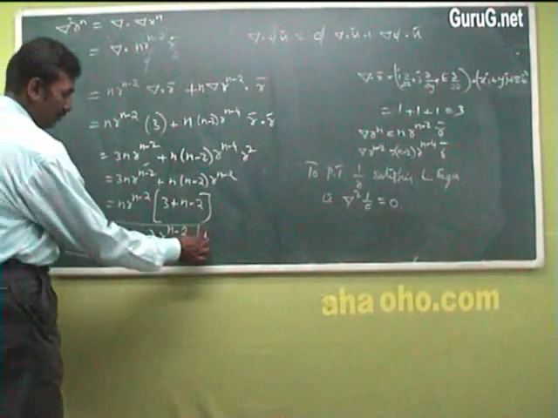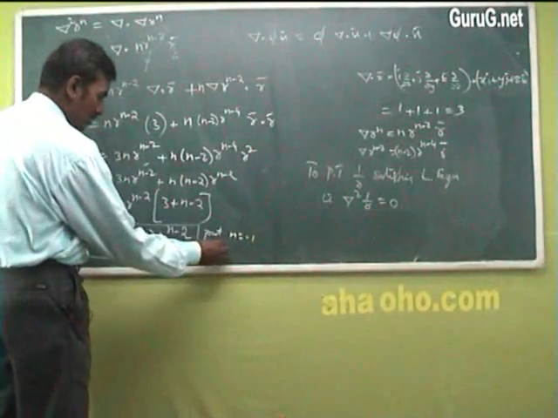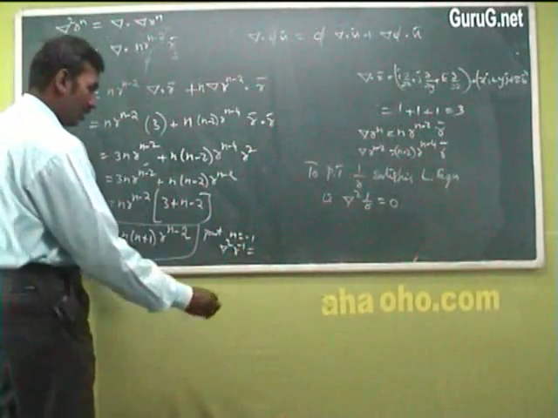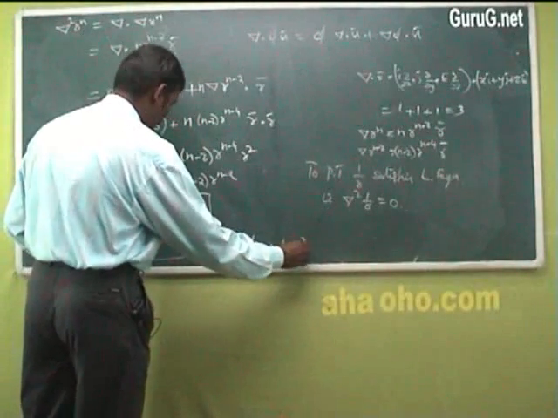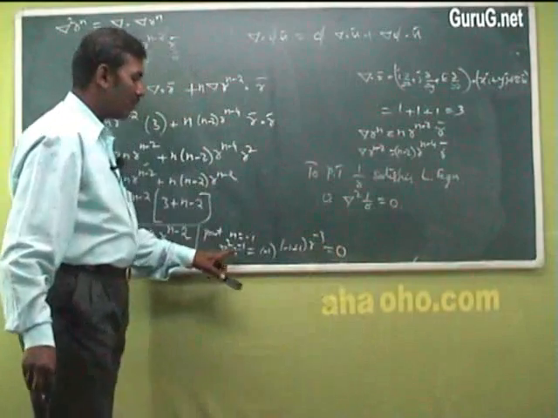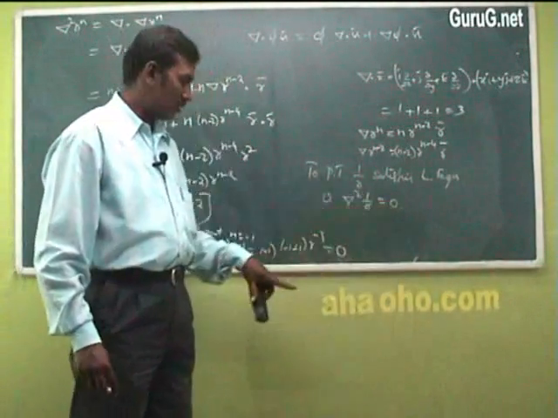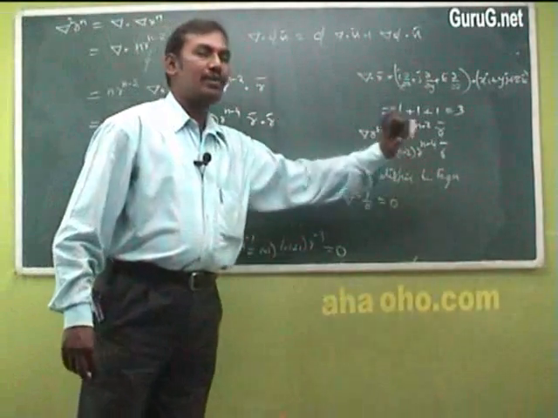So del squared r power minus 1 equals minus 1 into minus 1 plus 1 into r power minus 3. So this is 0. r power minus 1 is nothing but 1 by r. So del squared 1 by r equals 0. Therefore 1 by r satisfies Laplace equation.